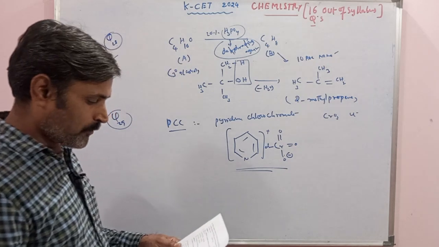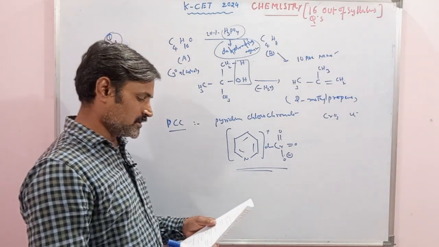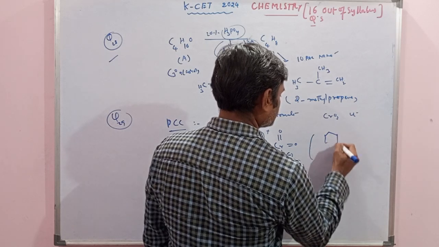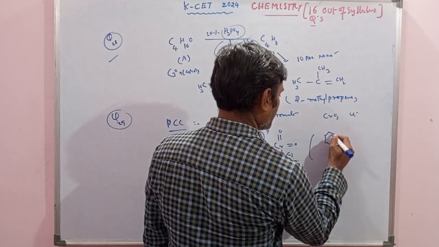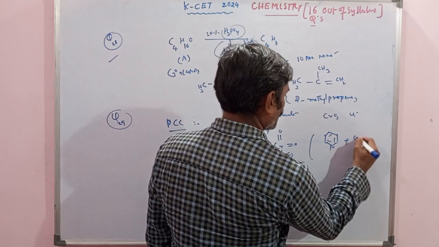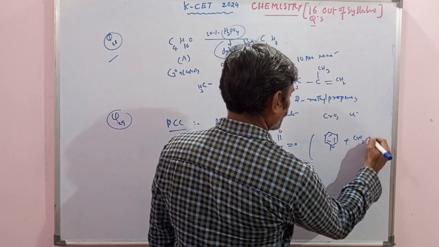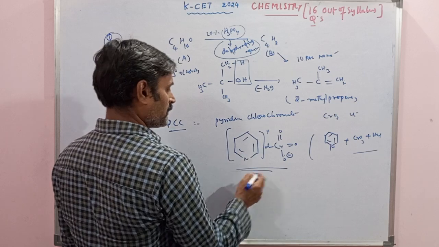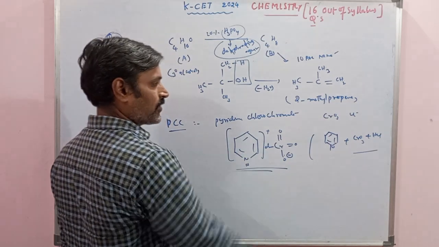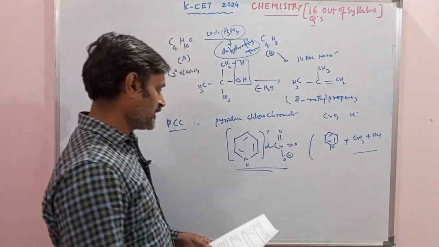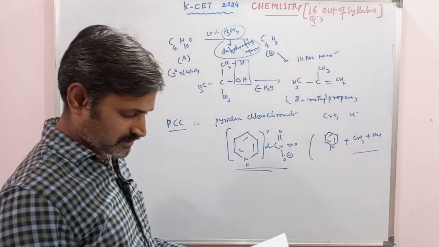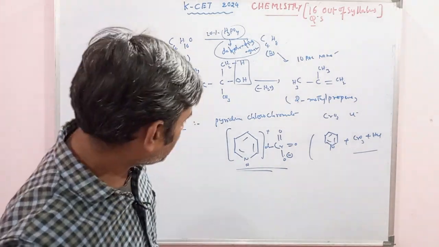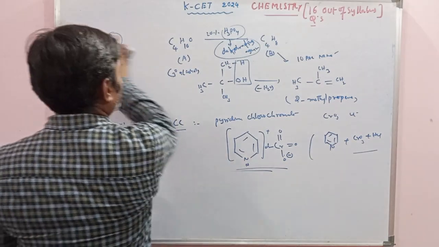It matches with a complex of chromium trioxide with pyridine and HCl. Pyridine is there, the chromium complex, the chromate, is there, and HCl is there. Their mixture we call pyridinium chlorochromate. That is the answer. Next, we will move to question number 30.